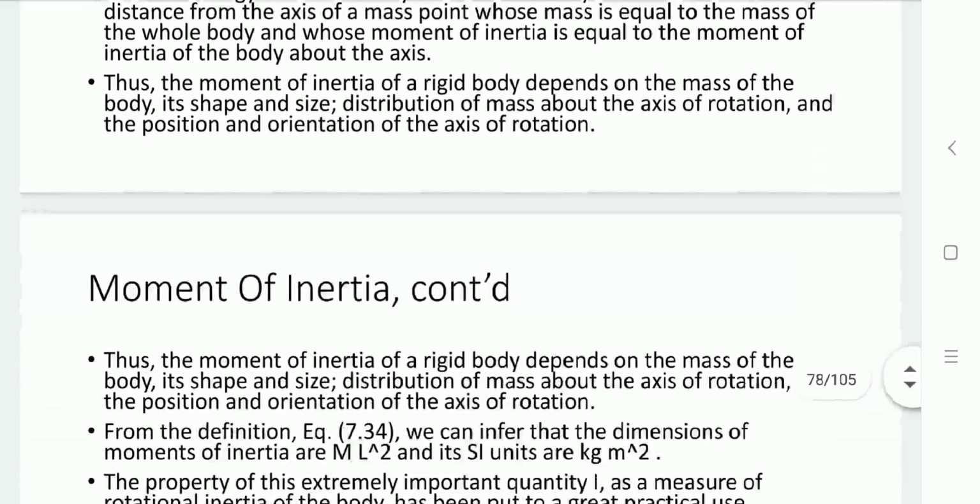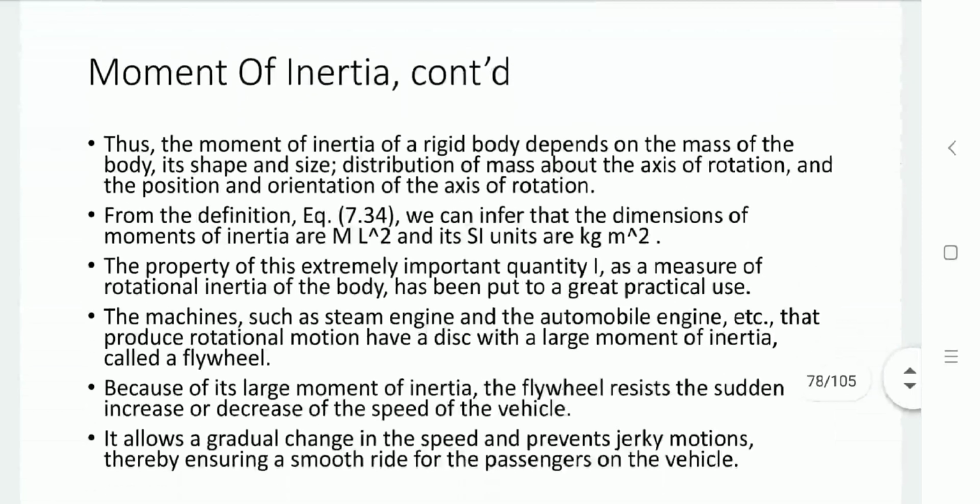The dimension of moment of inertia is M L square and its SI unit is kilogram meter square. Here I is a measure of rotational inertia.